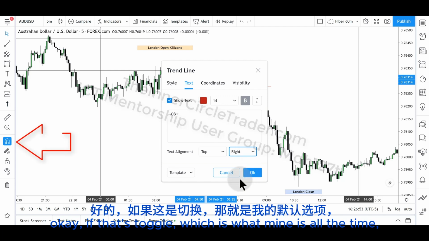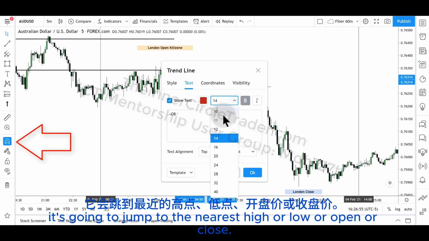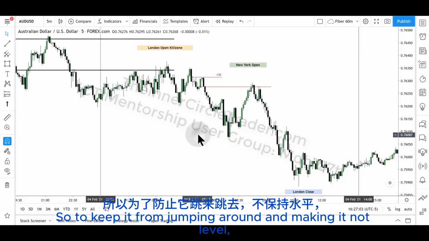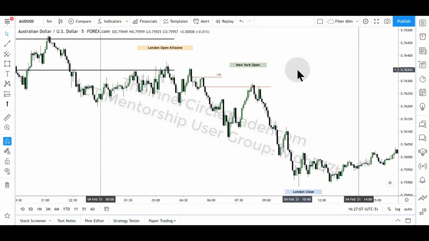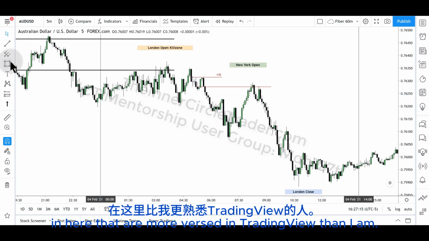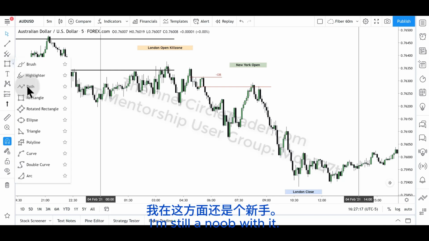Okay, if that's toggled, which is what mine is all the time, it's going to jump to the nearest high or low or open or close. So to keep it from jumping around and making it not level, you hold down the shift button. As you drag it across, it'll make your trend line straight. So I'm very appreciative of the students in here that are more versed in TradingView than I am. I'm still a noob with it.